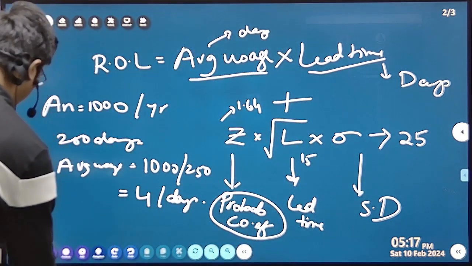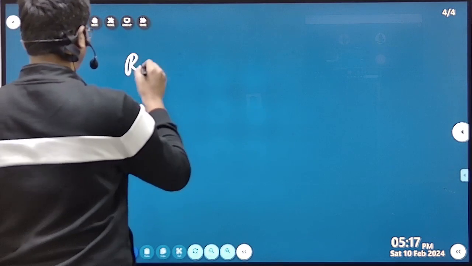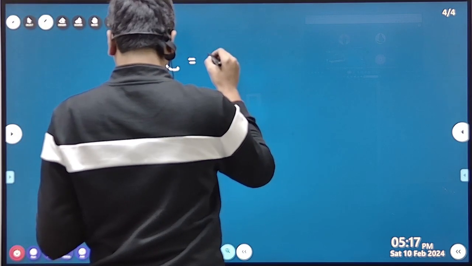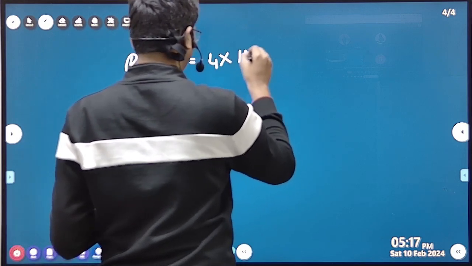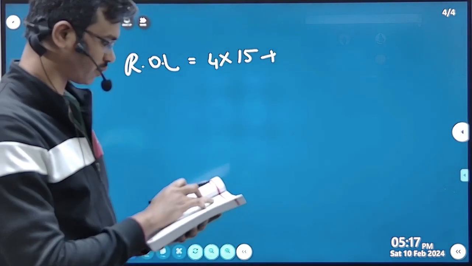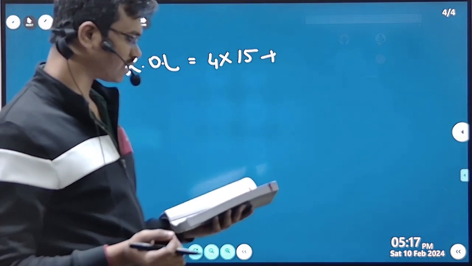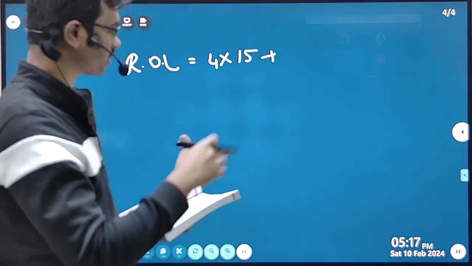Let us apply the formula. Reorder level equals 4 into 50, when you have this probability. If he doesn't give you the probability, then it is only average into the lead time.